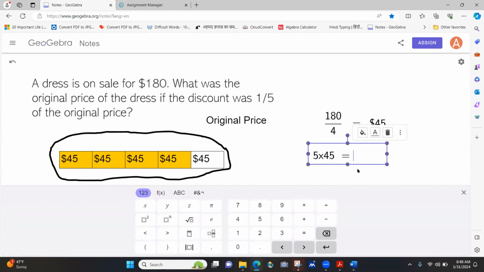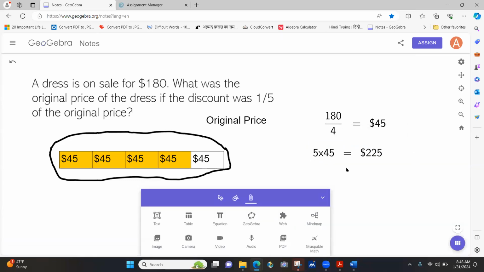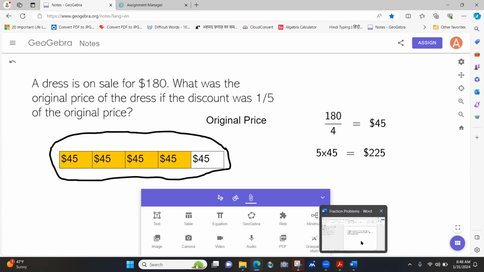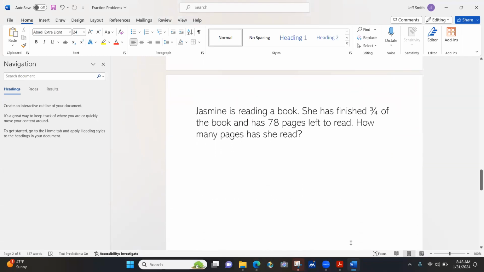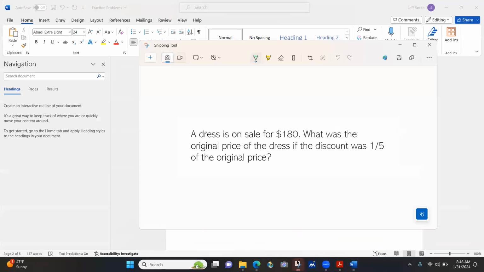And that turns out to be, let me see, 225, if I'm not mistaken. 225. That sounds about right. My answer is 225. And I did this problem visually. Okay. Moving on. All right. We're going to do this one visually as well.